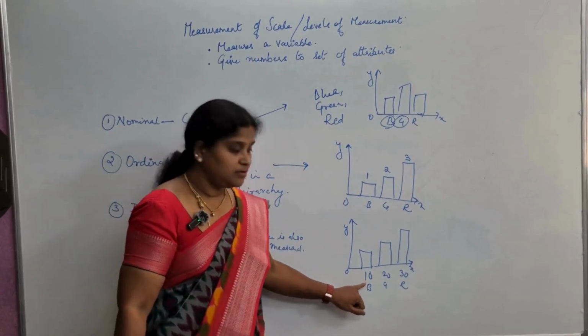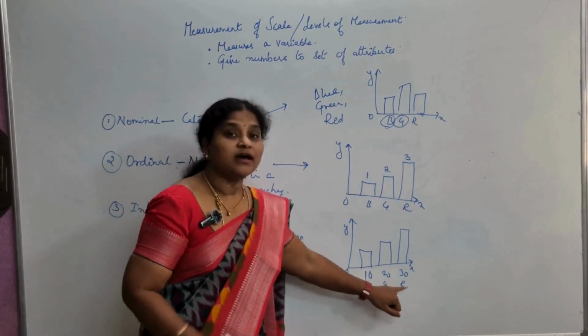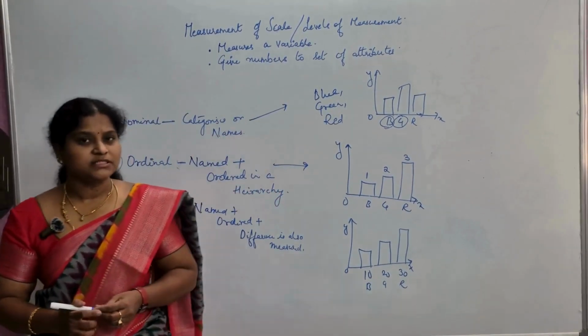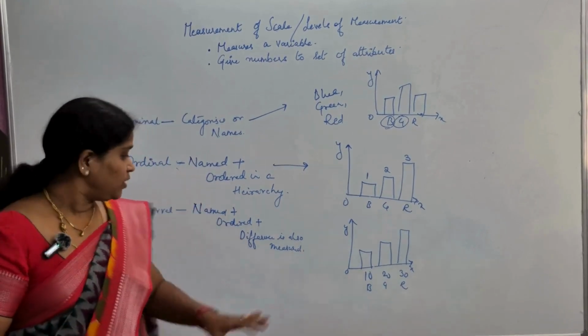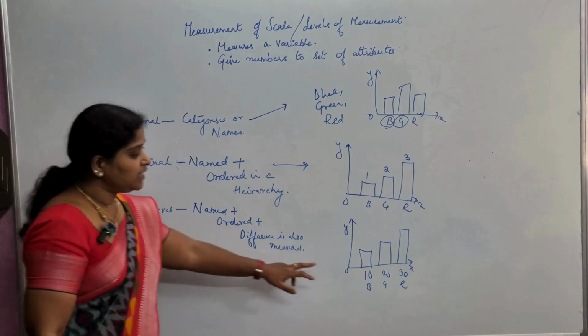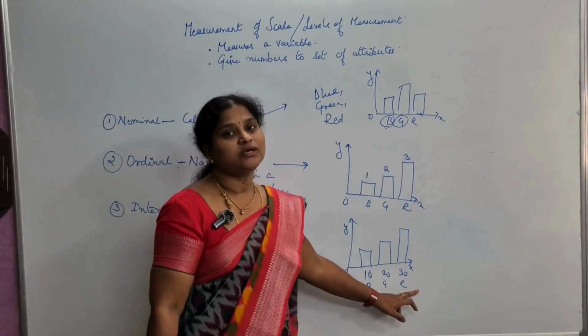Here blue is 10, green is 20 and red is 30. So the difference between each of them is 10. That is what I have measured. This comes under your interval level. The interval between these 3 is individually 10 each.